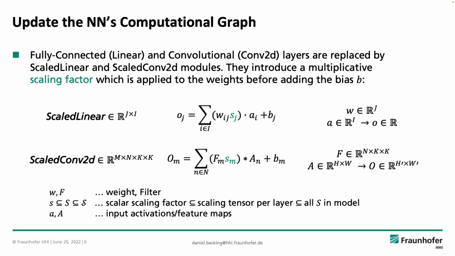How did we implement it? It's pretty much straightforward. When you check the formula for a standard fully connected layer or convolutional layer, here we depict the output for fully connected, which is scaled with a scalar scaling factor, or the output feature map of a convolutional layer, which is also scaled with a scalar.